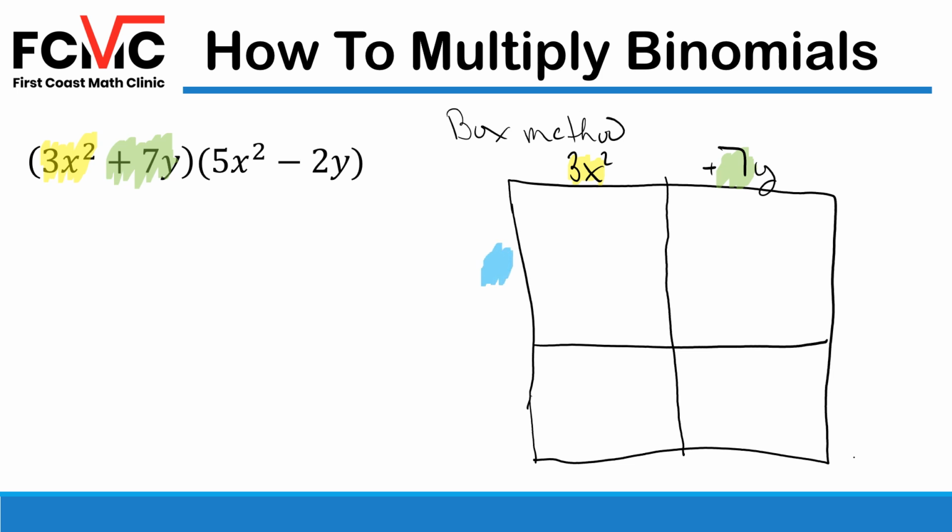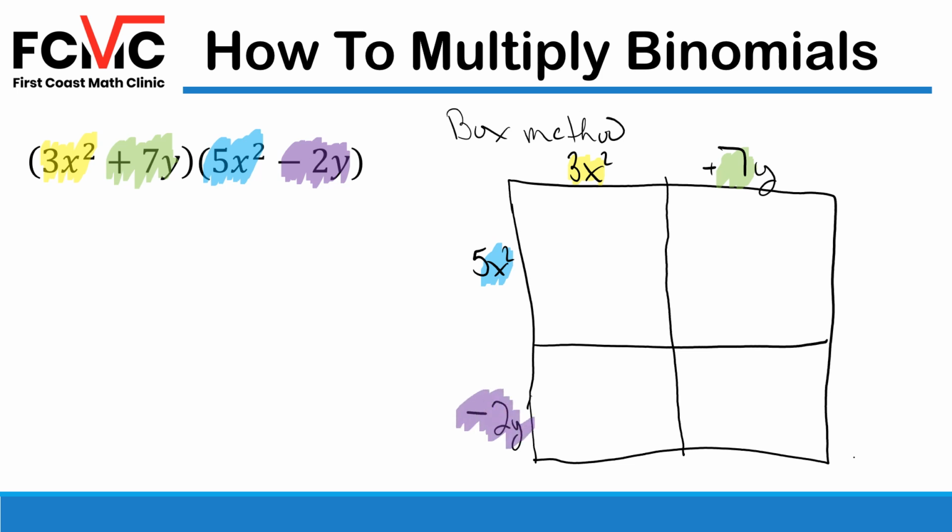So then here, that's got to be the 5x squared. So then down here has got to be the minus 2y. So again, when we do this, we have to include the sign with that 2y. So we've got to include the minus sign with that 2y. All right, so it's going to be right here.